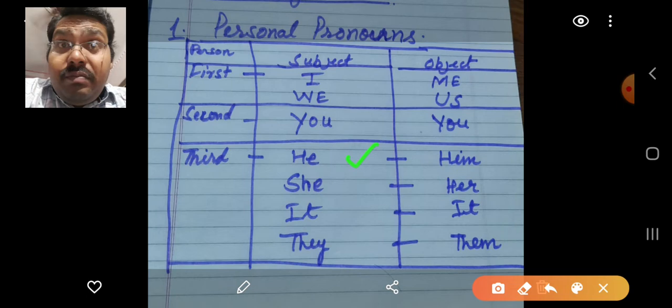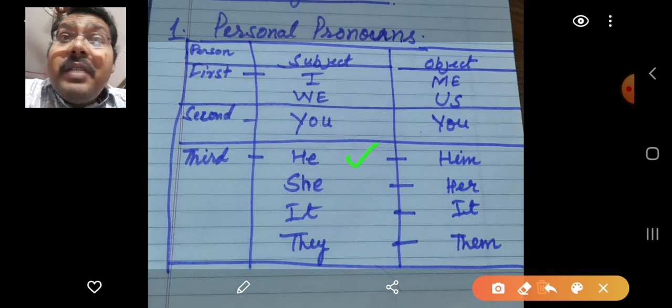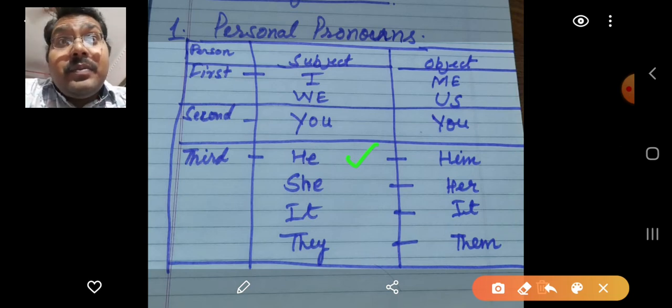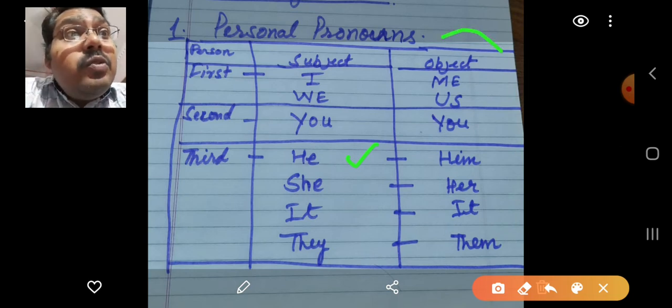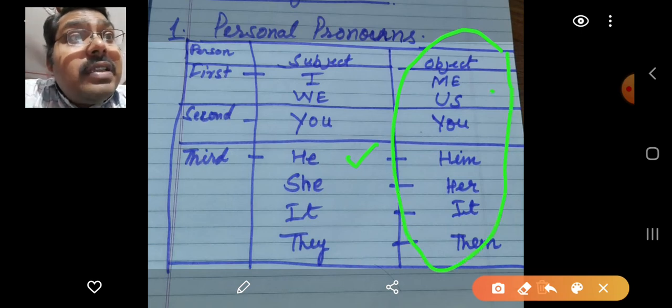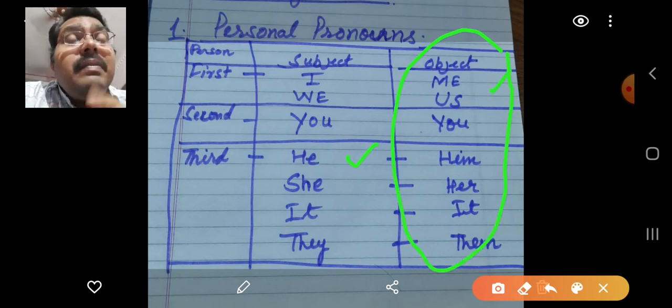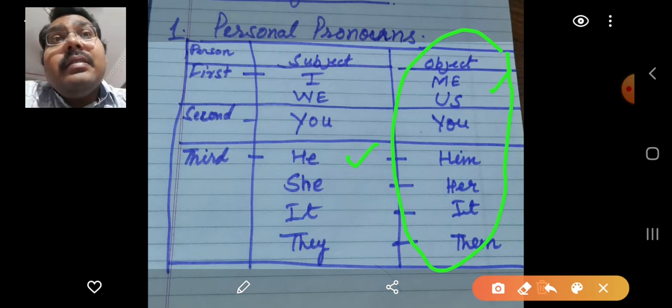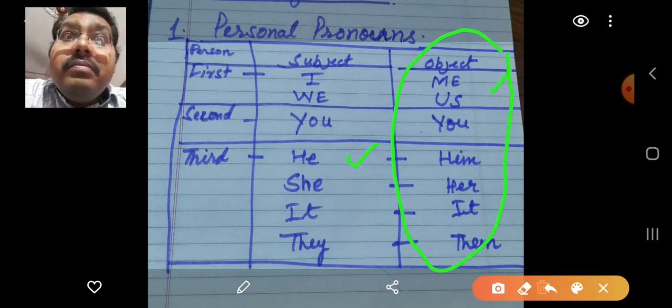But if the noun that we are going to replace is placed at the place of object, then we need to use from these. You can see here, if it is written, the mango is eaten by Ram. So who ate the mango? Ram.